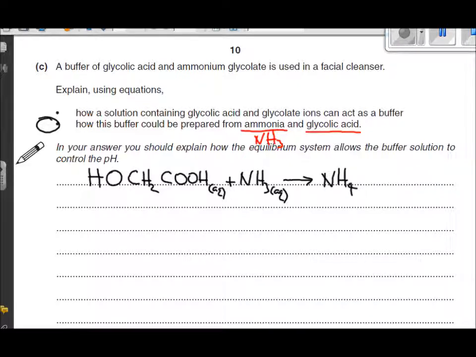We could write that down as two separate ions. They're in solution. We've got the ammonium ion, NH4 plus, plus the glycolate ion, which is HOCH2COO minus.